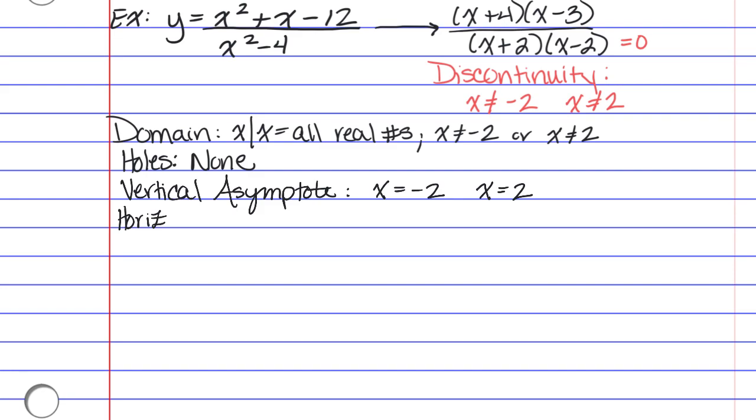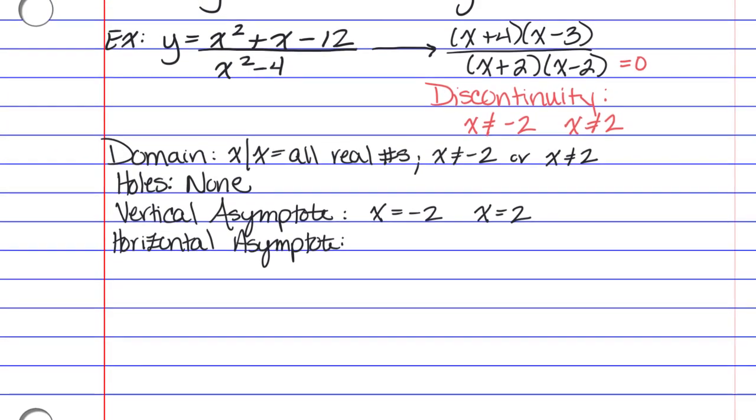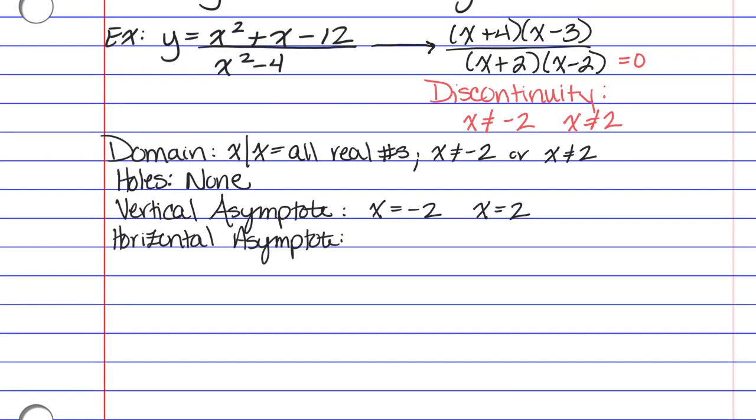Since we're working with asymptotes, we might as well take care of our horizontal asymptotes. Horizontal asymptotes compare the degree of the numerator to the degree of the denominator. My numerator has a degree of x squared, or a degree of 2, and my denominator also has a degree of 2, which means I need to compare their coefficients, the numbers directly in front of those.